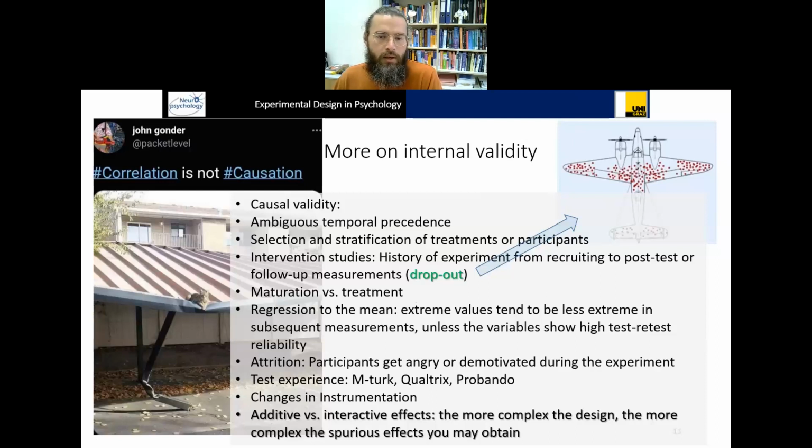Let's come back to the example of reading abilities. If you select children with really very pronounced reading impairments for a specific measurement, and then you give them an intervention, you may see that they improve a lot. But if you have a control group of equally impaired children, you see that they improve as well. Why is that?